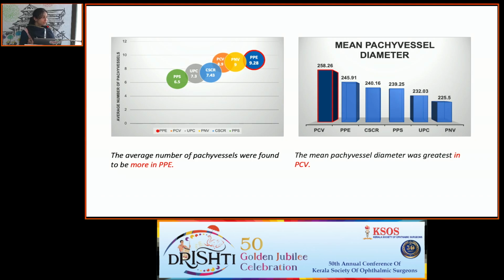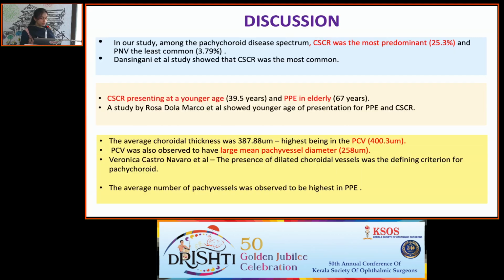Mean pachyvessel diameter was larger in polypoidal choroidal vasculopathy, followed by pigment epitheliopathy and central serous retinopathy. So the results we observed in mean pachyvessel diameter were similar to the results we got in mean choroidal thickness.